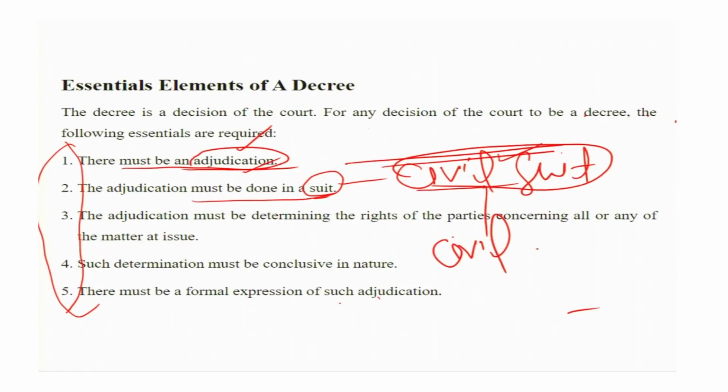Civil proceeding includes all those stages I told you right now. Many times we call civil suit and civil proceeding the same. Civil proceeding means what is taking place from beginning to end. You have to understand these words carefully.